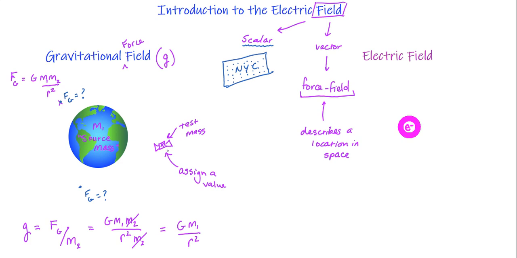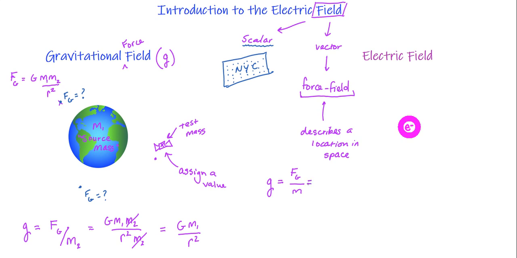But before I've placed the actual test mass there, I can still describe the location as the amount of force the Earth would exert per unit of mass. So, to summarize where we are so far, what we are saying is that a gravitational field describes the amount of force that could be exerted per unit of mass placed at a particular location around the source mass.